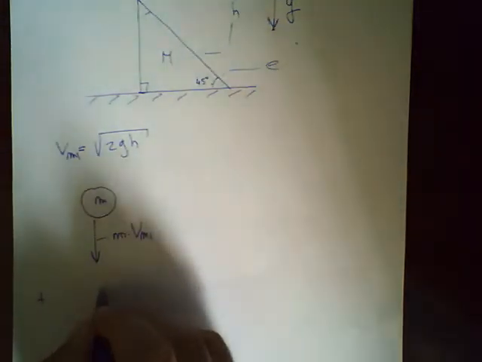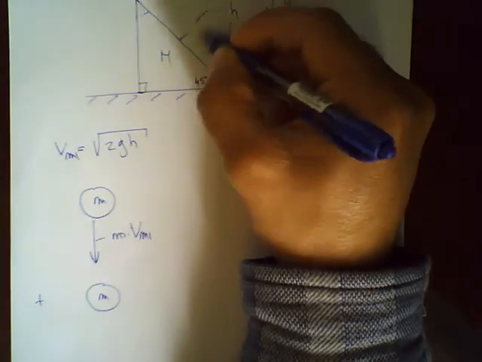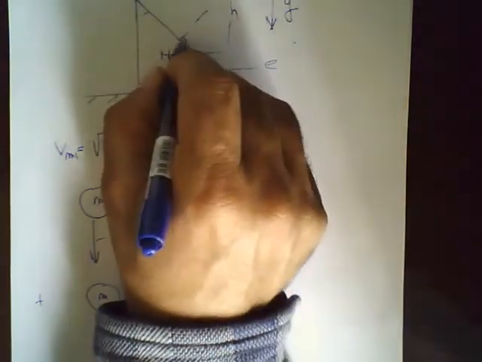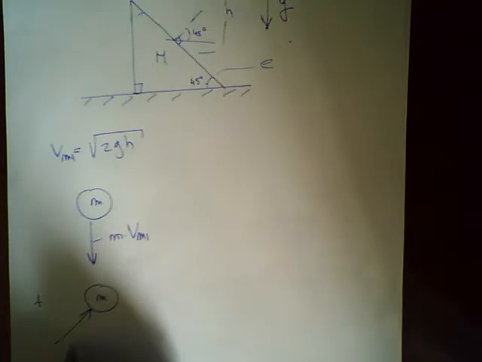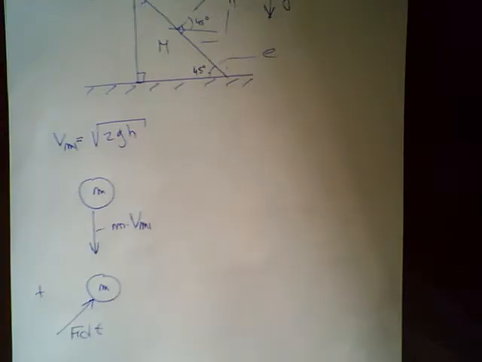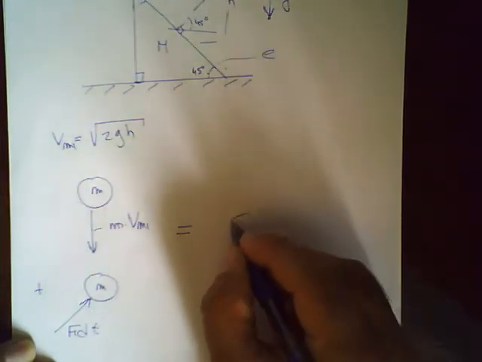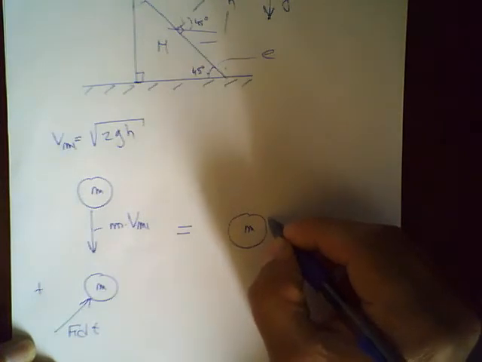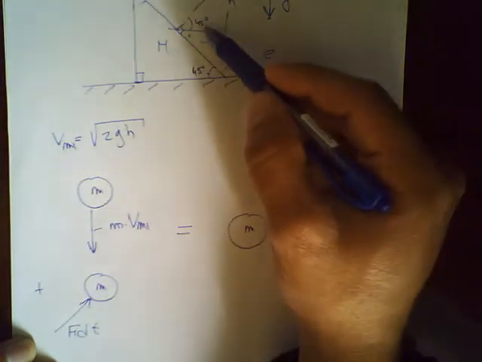At the impact, I am going to have an impulse between this guy and that guy. Because this angle is 45 degrees, and perpendicular to it will be 90, towards the horizontal the impulse will be inclined at a 45-degree angle, and let us call this F dt. After the impact, m is going to be flying with some momentum, and we don't know how it is going to fly.